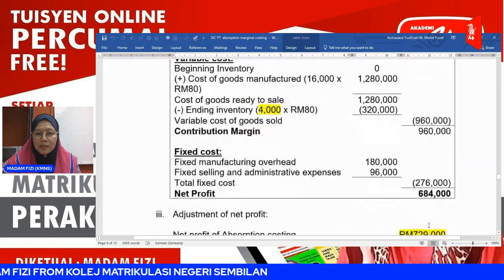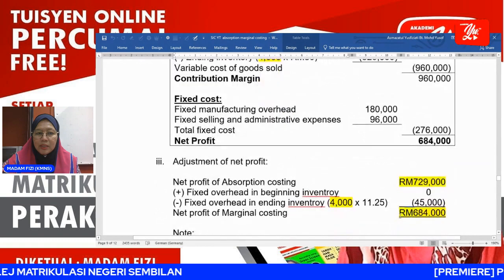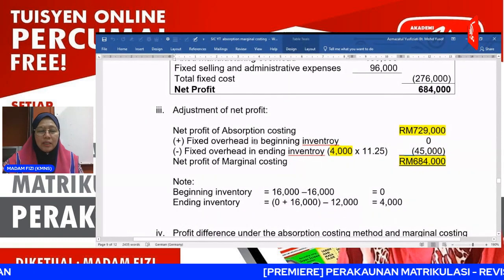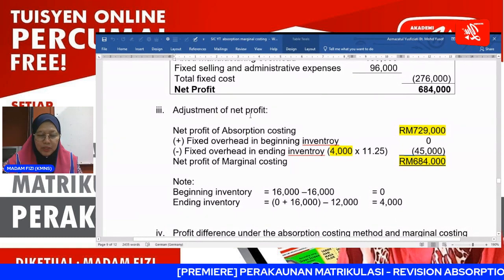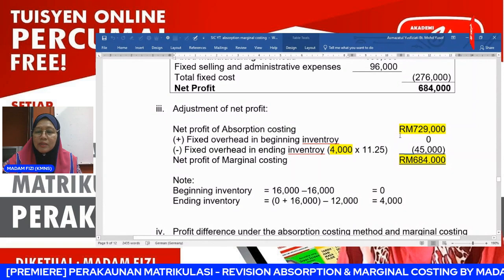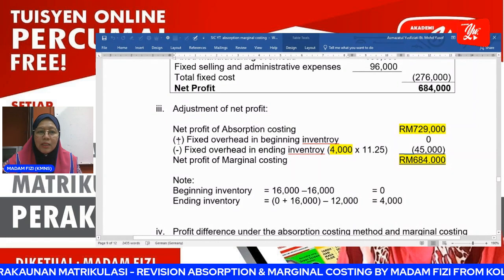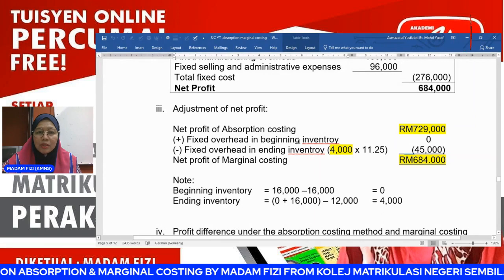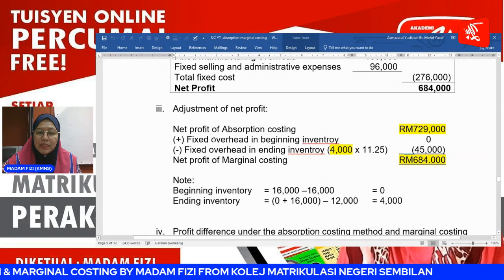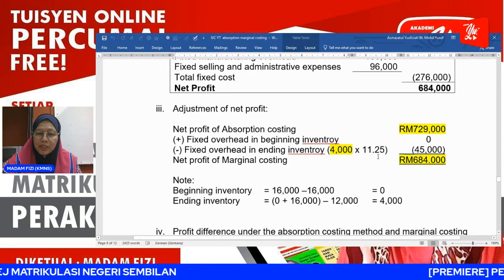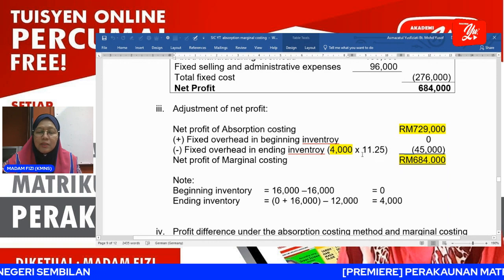Okay, so third Roman is to do the adjustment of net profit. Okay, so net profit of absorption costing just now is 729,000 plus fixed overhead in beginning inventory. Beginning inventory kosong. Okay, minus fixed overhead in ending inventory 4,000 unit multiply by 11.25. 11.25 ni apa?